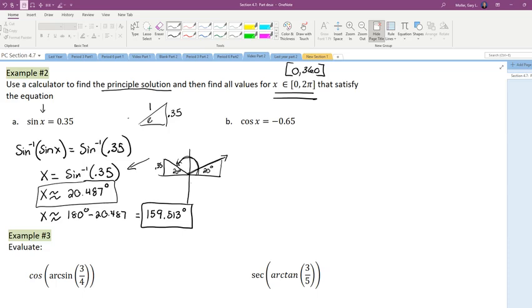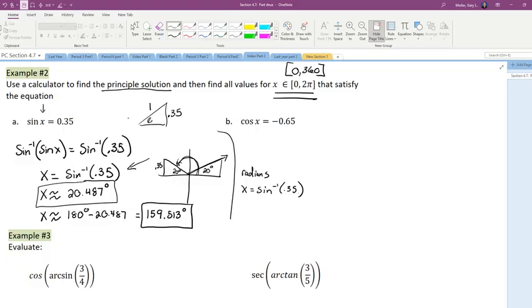If I wanted to do this in radians, then I just repeat this process, except my answers will be in radians. So if I continue with this, and now let's answer it in radians. Then when I do the arc sine of 0.35, I'm going to go back to my calculator, and I'm going to go to radians.